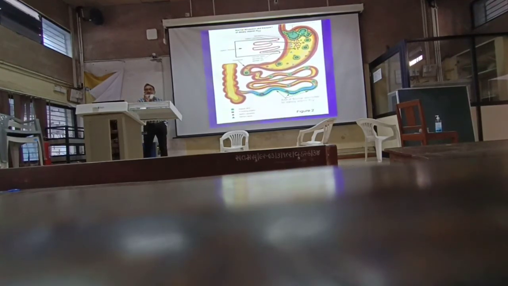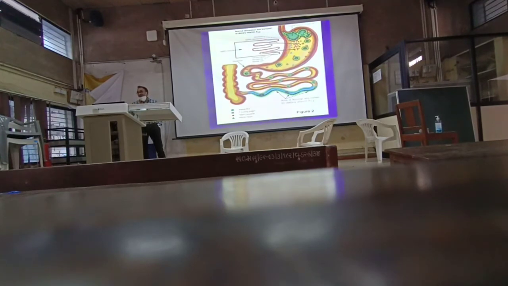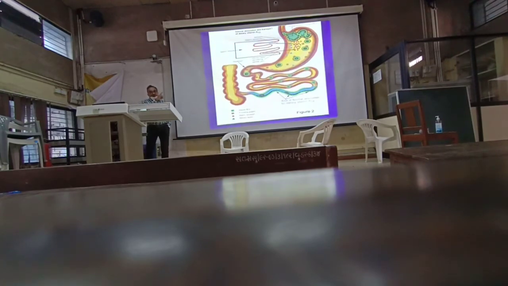So from stomach to duodenum, there is a complex of vitamin B12 and R-binding protein. From duodenum onwards, there will be vitamin B12 and intrinsic factor. However, this figure clearly shows you that intrinsic factor is generated at the level of the stomach, but the binding occurs at the end of the duodenum. Okay, that you can see clearly in the picture.